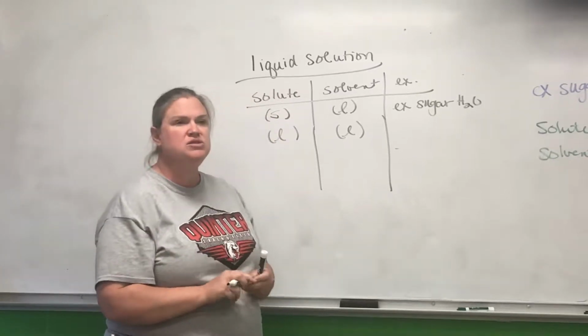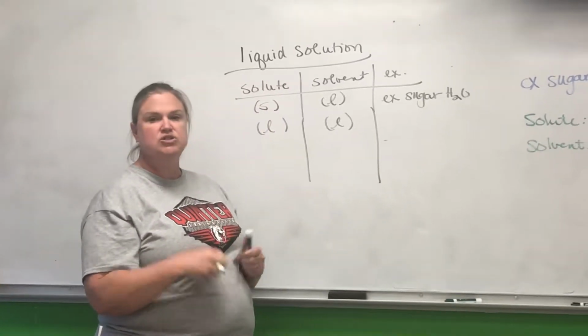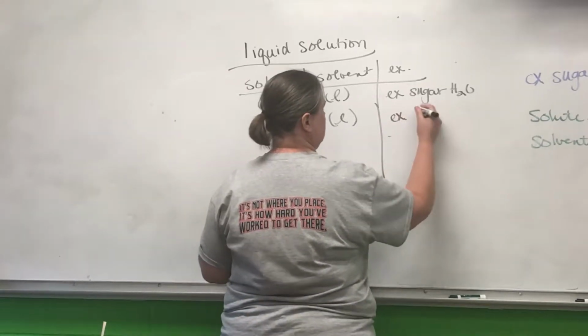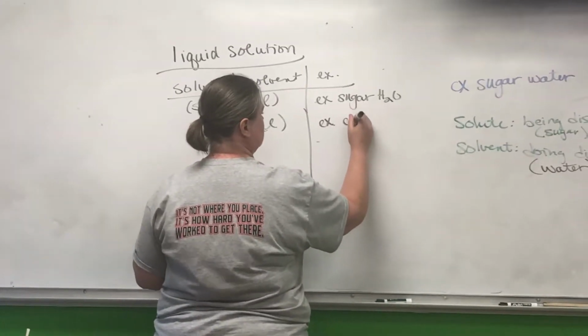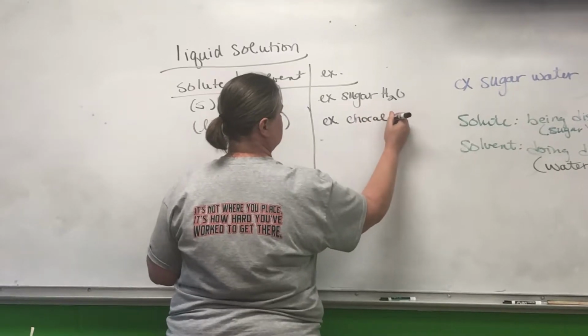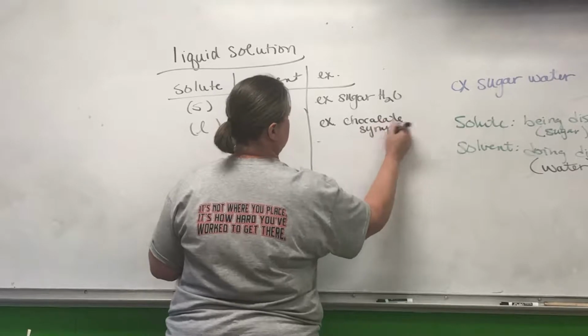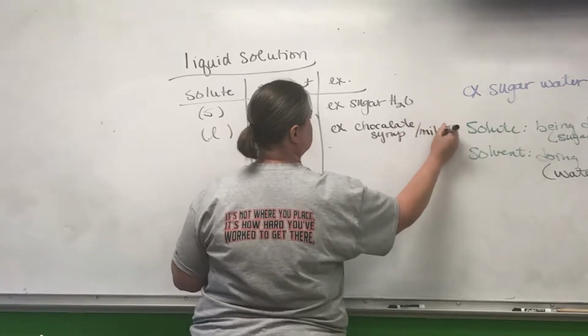If you buy juices, sometimes you can buy concentrated juice and add water, okay? So all of those would be examples. So I'm gonna put on here chocolate syrup and milk. Okay, that's a great example.